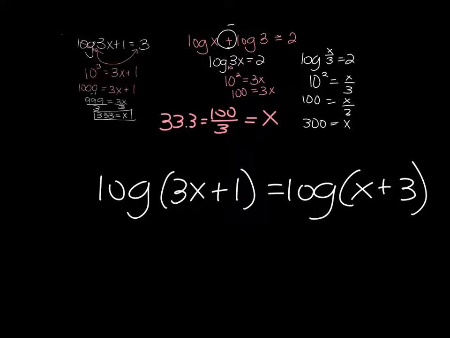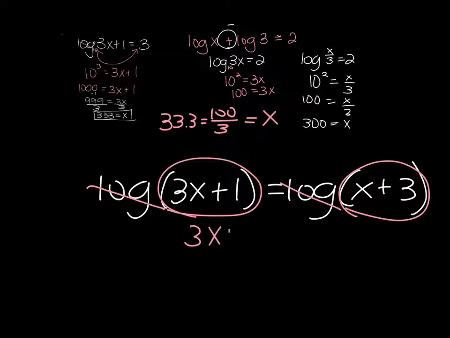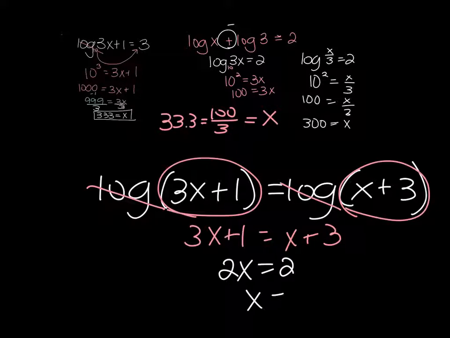If the log and the base on the log are the same and there's 1 on either side of the equal sign, I can ignore the log and the base and just set what's next to it equal to each other. You won't get one in which the bases wouldn't be the same. So if there's 1 log on either side, it's just 1 to 1. So this would be 2x equals 2 and x equals 1.